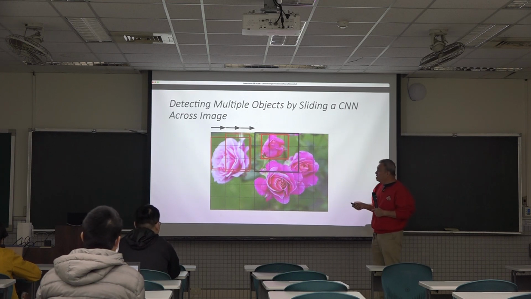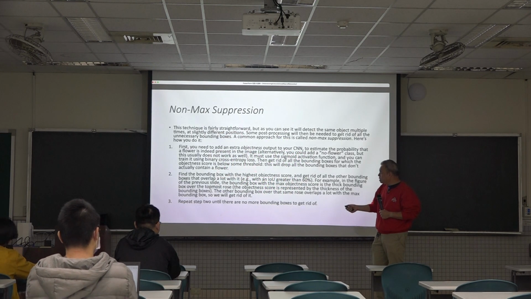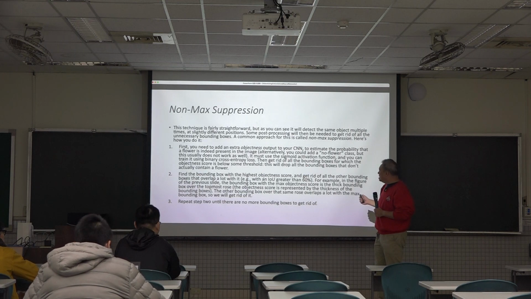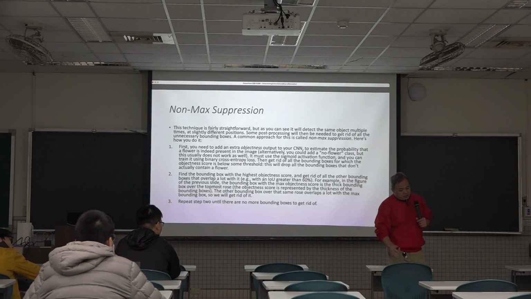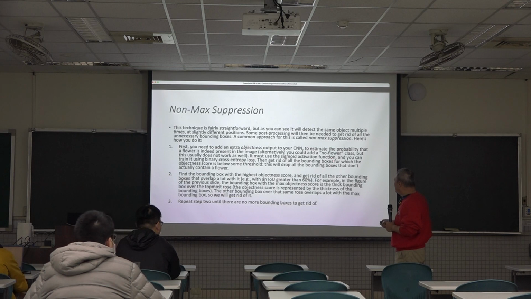So if you have that additional output value, we are going to set a threshold. If the objectness is lower than a certain value, we will drop the bounding box, because it doesn't actually contain that flower anyway.